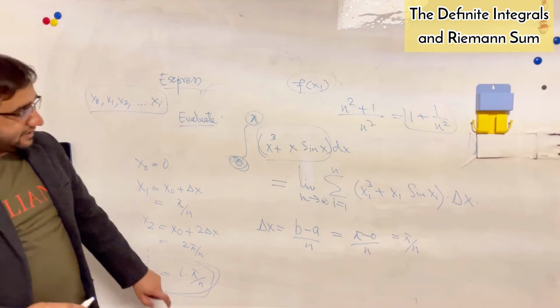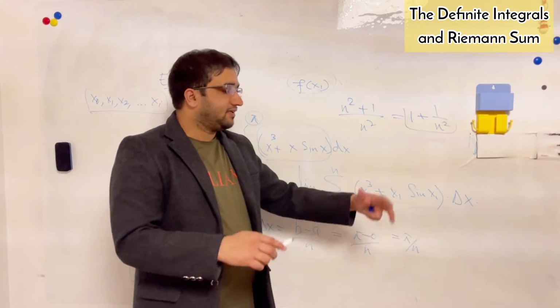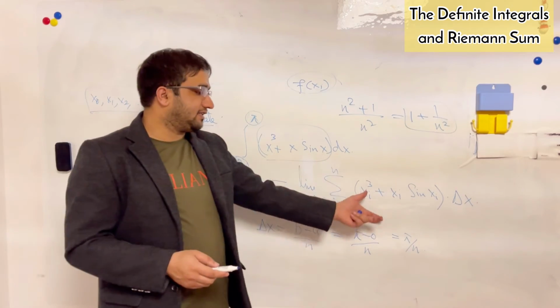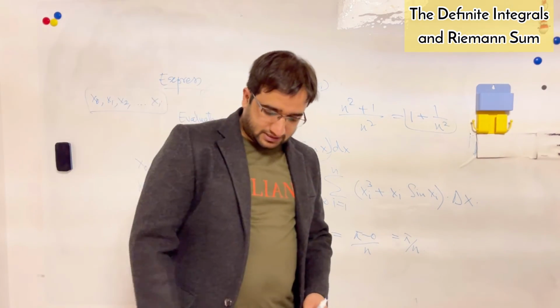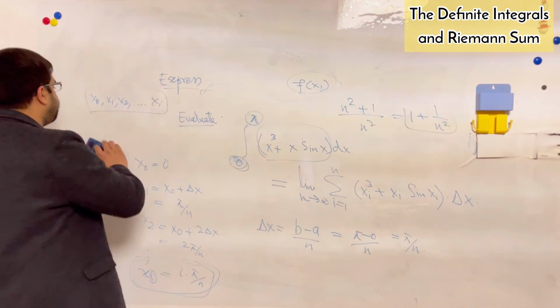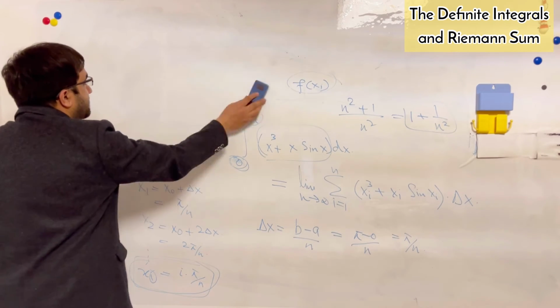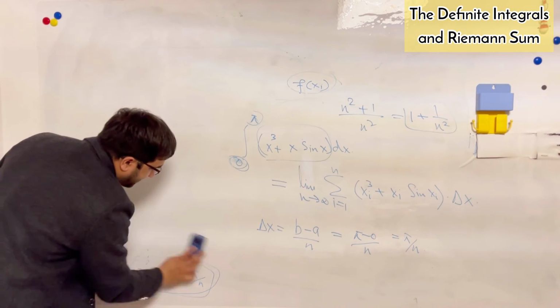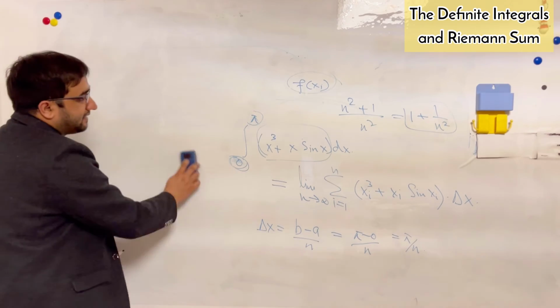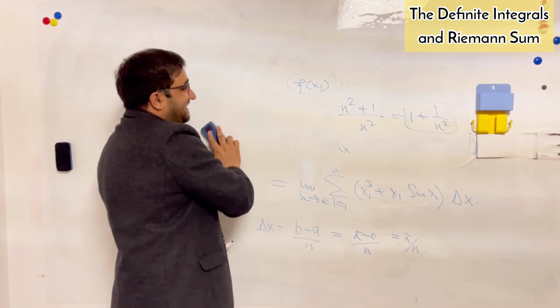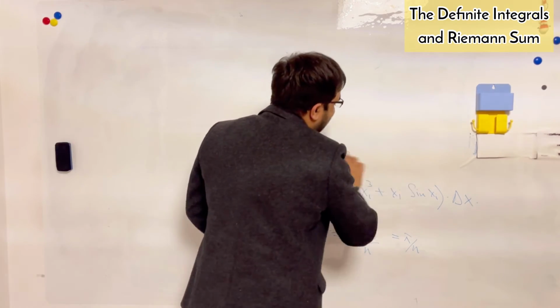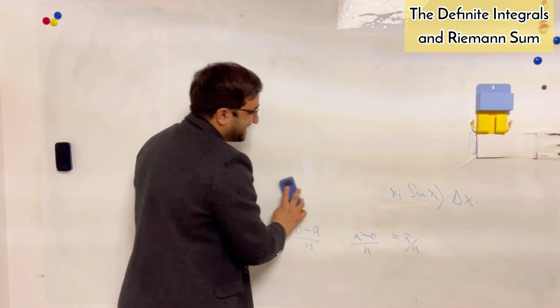So you have xi, you have delta x. Put them here. Simplify. You have done this in the homework. You can do it. Okay? If still you can't solve, then I cannot do anything.